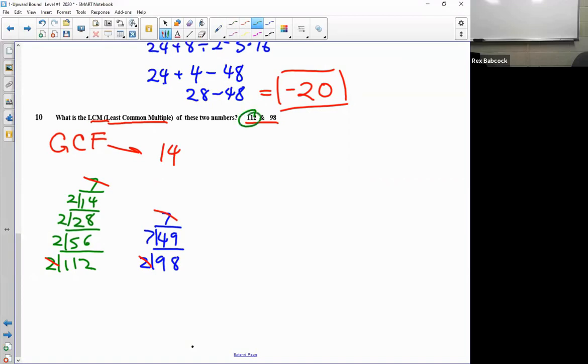Leftovers here is 8. 2 times 2 times 2 is 8. The leftovers here is 7. So I multiplied out by hand, or take out my calculator, and it's 784, number 10.